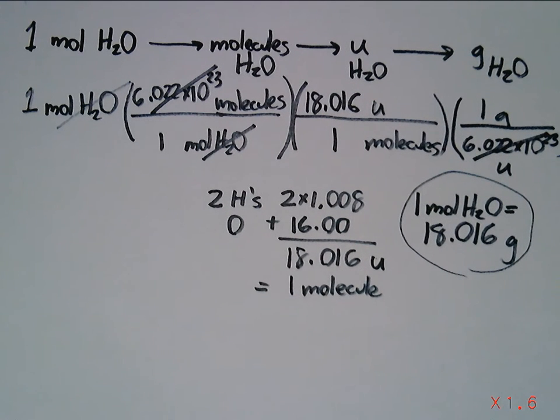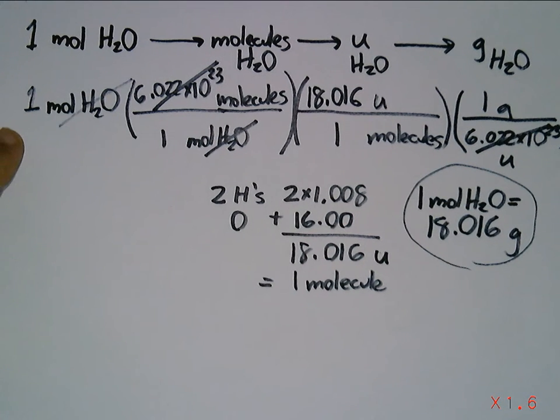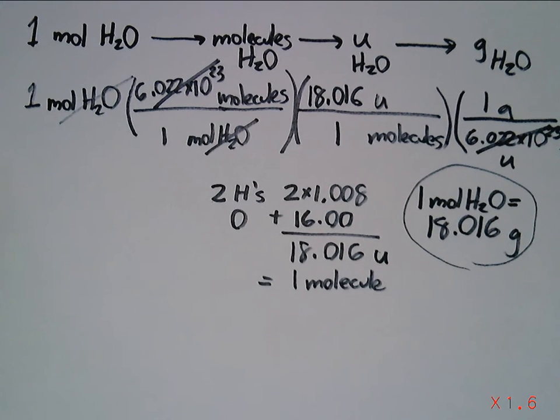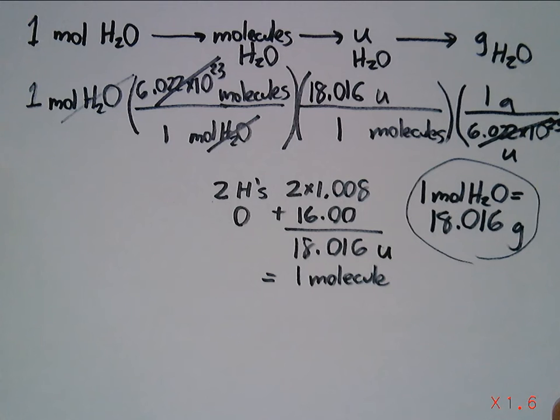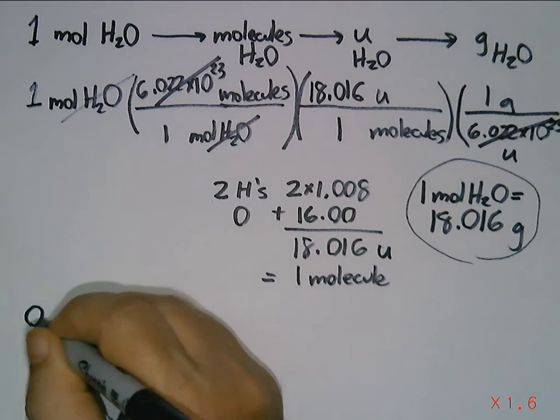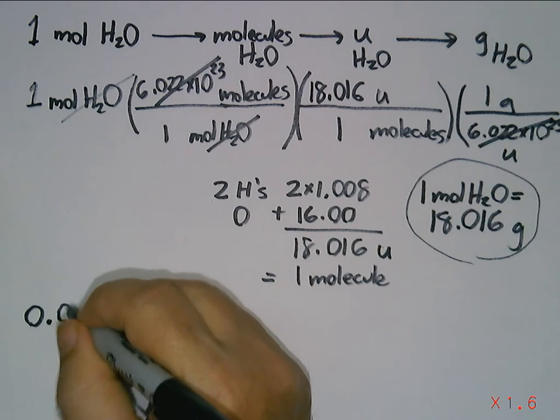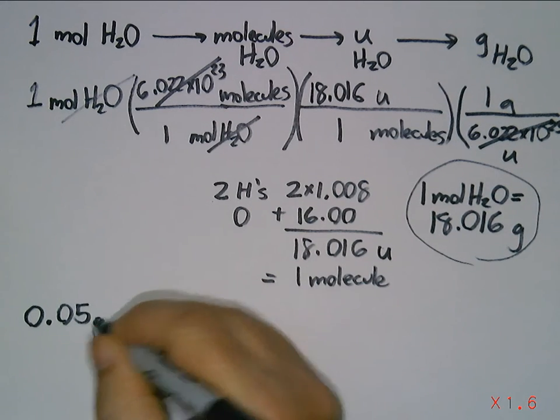Let's repeat the raindrop problem that we had done at the beginning of this lesson. We had tried to figure out how many molecules there were in a drop of rain. Well, we said a drop of rain was 0.05 grams of water.